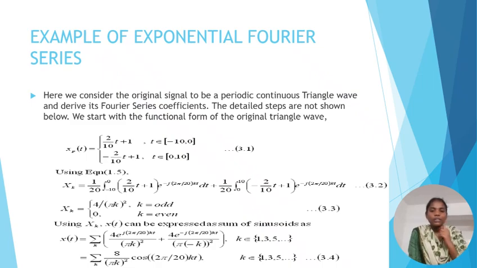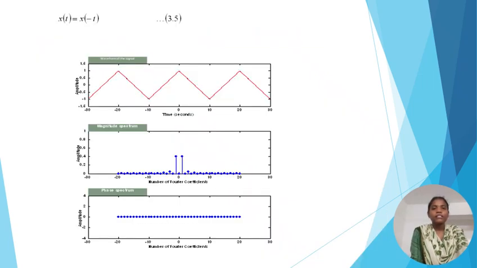First, x of t is equal to summation n equal to 0 to infinity Cn e power j n omega naught t. Here Cn is equal to 1 by T integral of x of t times e power minus j n omega naught t. By applying these expressions, we get the answers and this final output waveform.